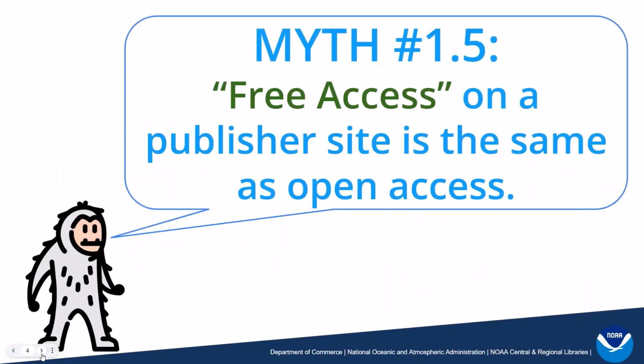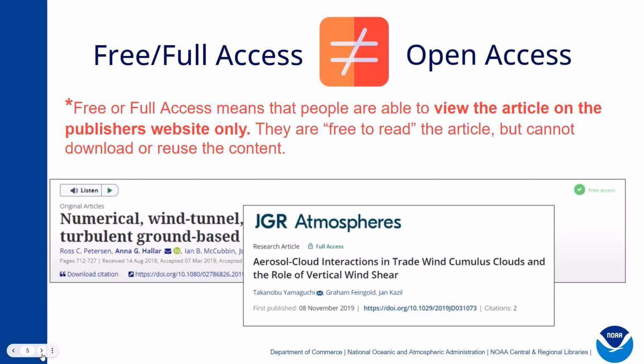But are they the same thing? No. So I have a couple of 0.5 myths throughout these, things that are tied to the main myth we're going over. And this one is free access. We've talked about this before. The myth: free access on a publisher site is the same thing as open access. This is false. Free access, or sometimes you'll see full access, is not the same thing as open access.